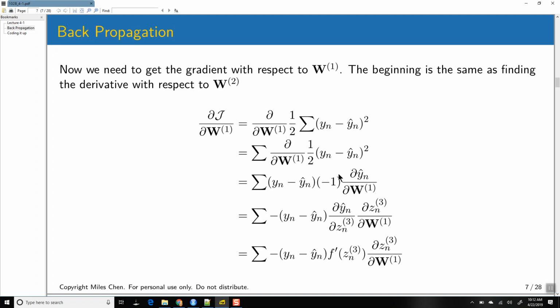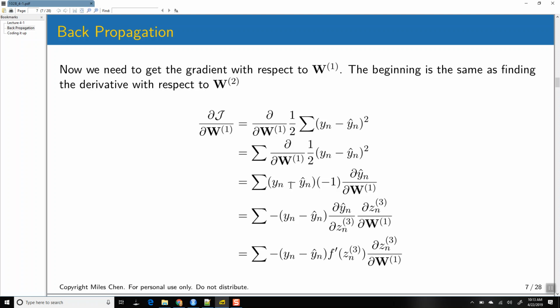Okay, so now we want the derivative of the loss function with respect to the first weight matrix, and the beginning parts, at least up to here, are the same as these steps with respect to W2. I don't know if I need to go through all of this again, but J is this loss function, we take the partial with respect to W1, and when we do that, the 2 comes down and cancels out with the 1/2, and via chain rule, we multiply it by -1, and we have dy hat with respect to W1.